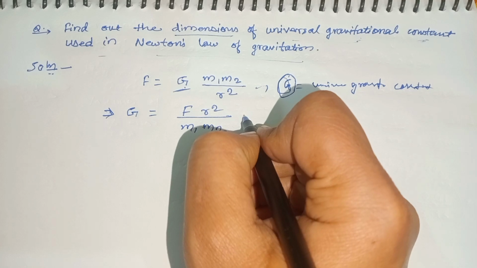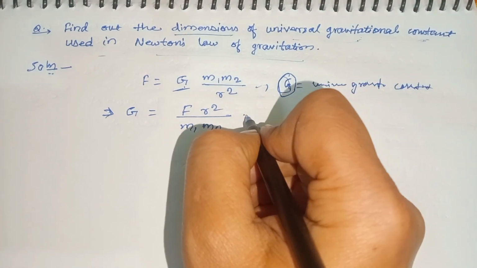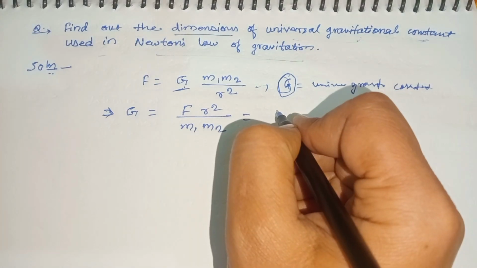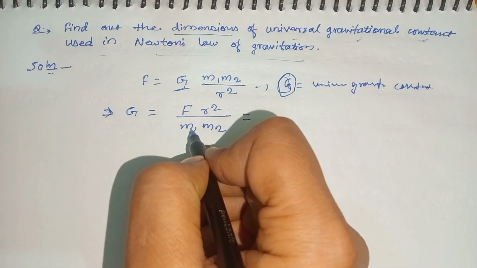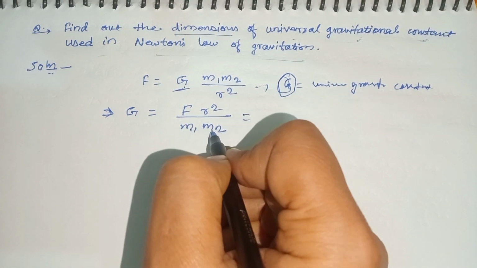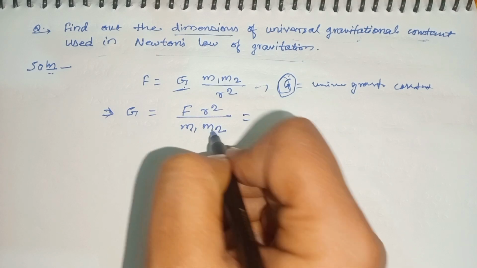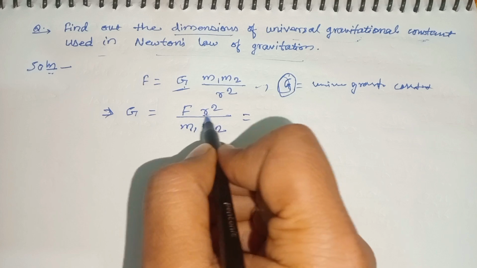Now start resolving. For dimensions, what do we do? We start resolving. This is force. Right now we had calculated the dimension of force, M L T to the power minus 2. This mass is already a basic physical quantity. Distance is also already a basic physical quantity, so no need to change it.